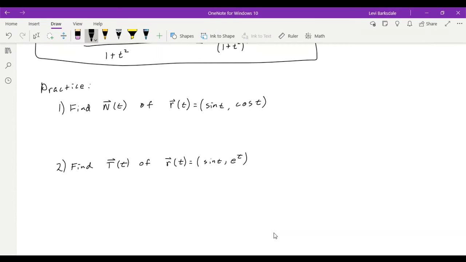And in order to find the unit tangent, we need to find the first derivative over the magnitude of the first derivative. In this case, the first derivative is going to be cosine t, negative sine t. And this is already a unit vector because we would get the magnitude being cosine squared plus sine squared, which is of course 1.